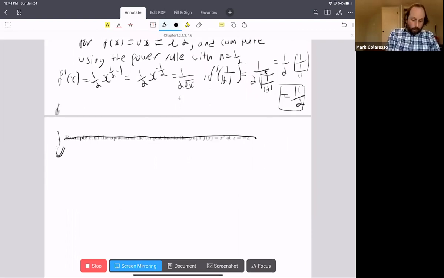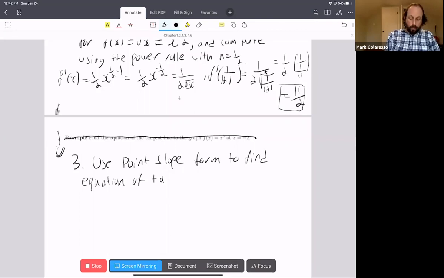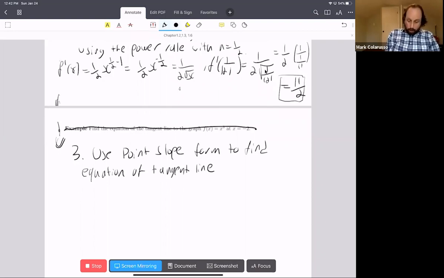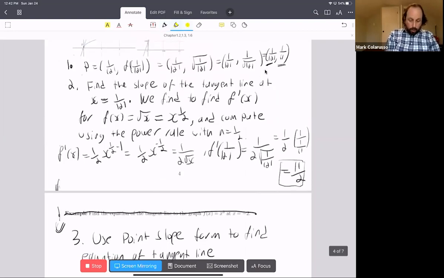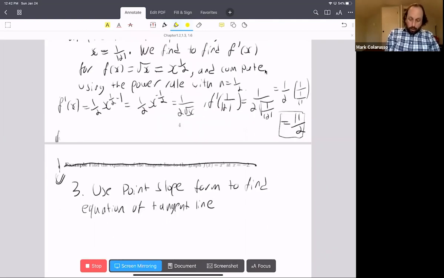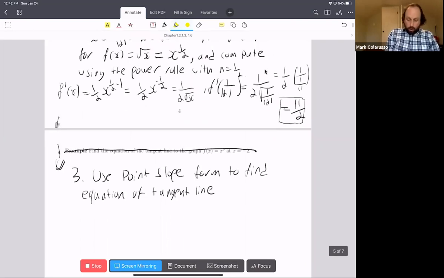Okay, so now step 3, use point slope form to find the equation of the tangent line. So the point we computed in the first step, this point P, and the slope we just computed in the second step.